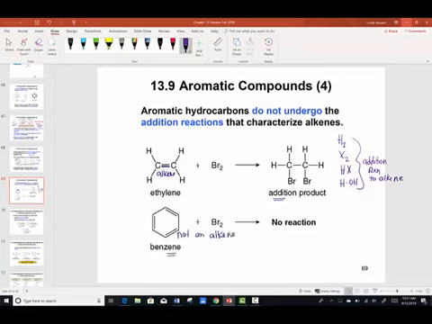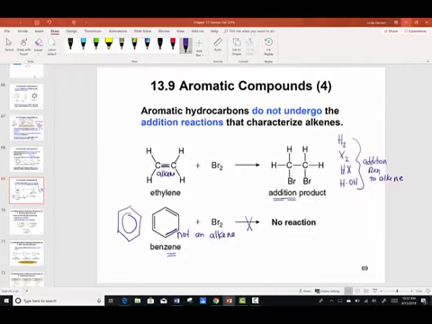In other words, it's not a true double bond. It exhibits resonance. So because it's delocalized, these do not behave like double bonds, and you do not see any reaction with a benzene ring as we did with a true alkene for an addition reaction.